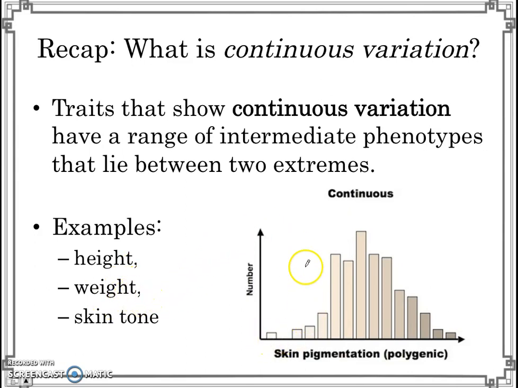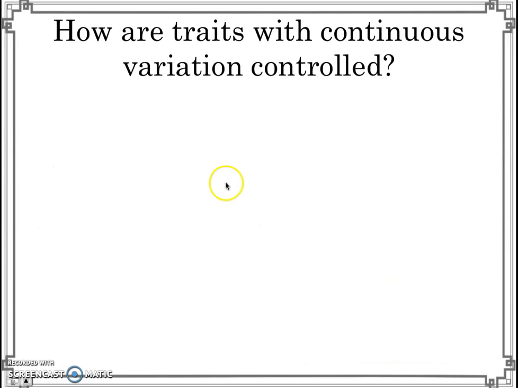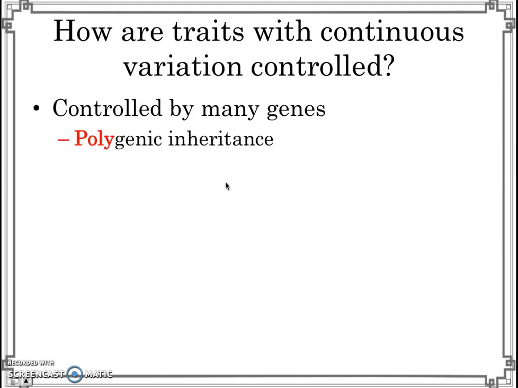What's important is that there's not just two or a few clear-cut categories, but a range of phenotypes. So a question that comes out is, how are traits with continuous variation controlled? It turns out that such traits are controlled by many genes, not just one gene position on a chromosome.